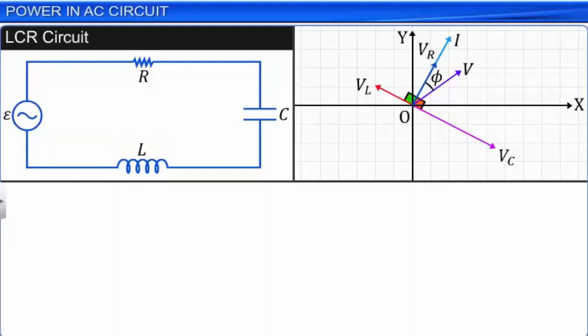Hence, the value of the power factor will be non-zero, but less than 1. Hence, the power dissipation in these types of circuits is non-zero.